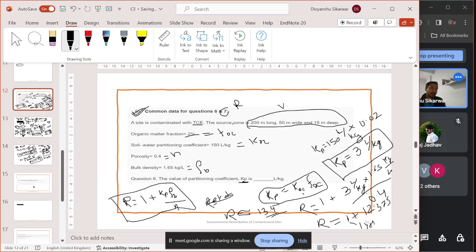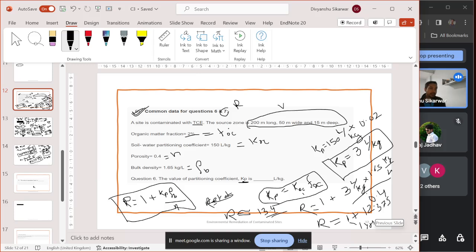If it was only dissolved form, it would take only 1 year, but because of the adsorption, it will take 12 more years, a total of 13 years. From this you can judge the implication: if the contaminant is adsorbed, it might not be feasible, because it increases the time required for treatment by many folds.